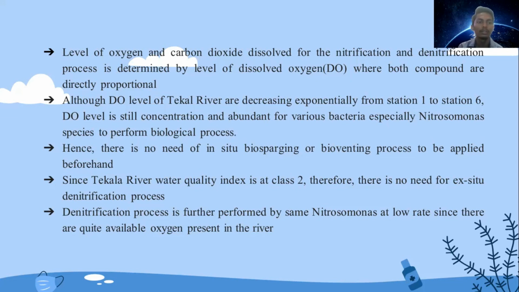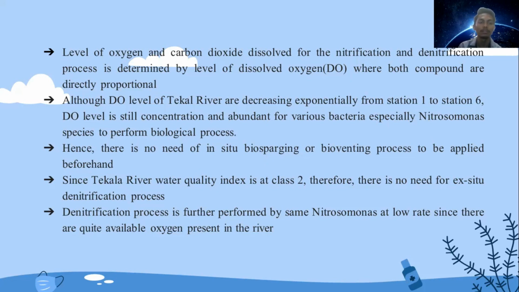Although the dissolved oxygen level of the Tekala River is decreasing exponentially from station 1 to station 6, the DO level is still at high concentration and abundant for the various bacteria, especially the Nitrosomonas species, to perform the biological process.